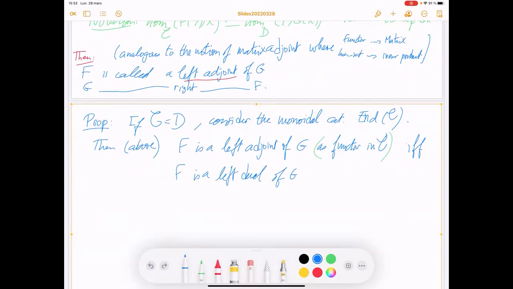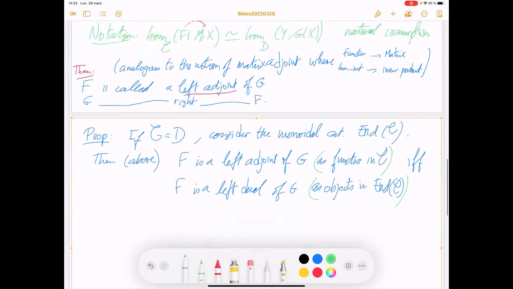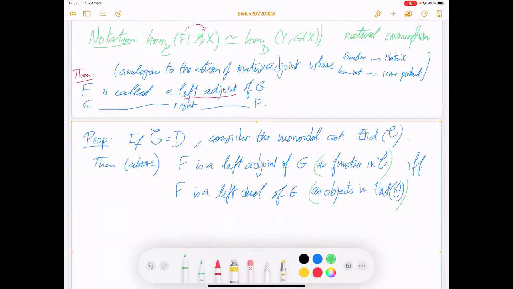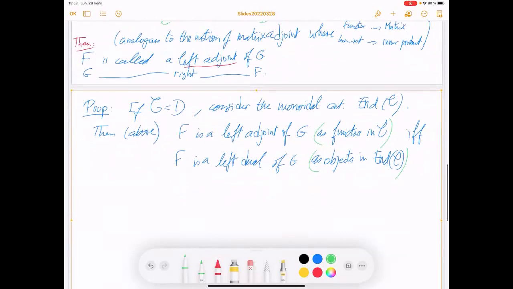So you see, you have two levels. You have the level of the category C and the level of the monoidal category End C. And the notion of adjoint functor in C corresponds to the notion of left dual in End C. But End C is a specific example of monoidal category, even if it is universal.